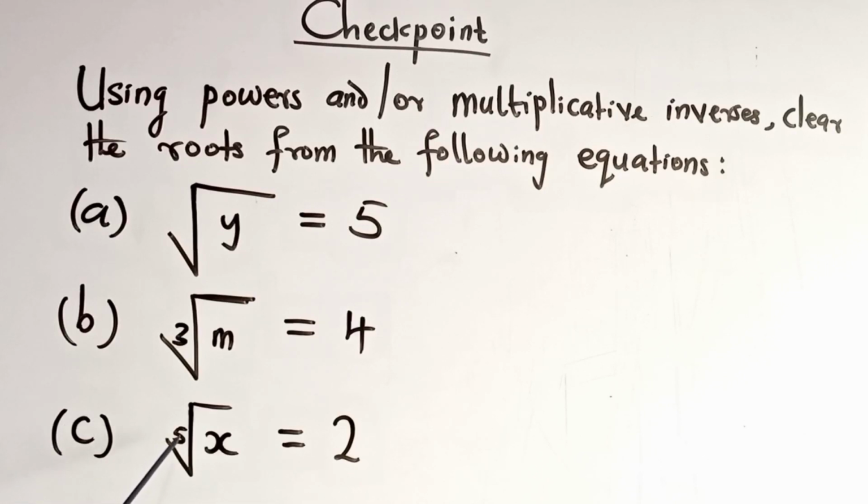C, the fifth root of x is equal to 2. Please don't forget that it is safer to apply multiplicative inverse instead of looking for the fifth root of something. Anyway, all the questions here could be solved either way.